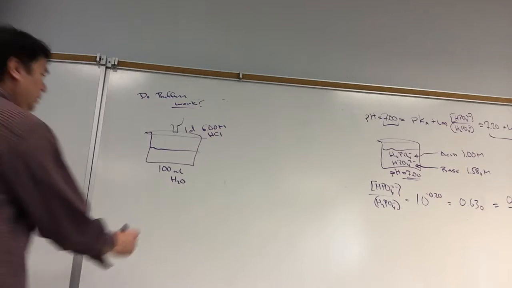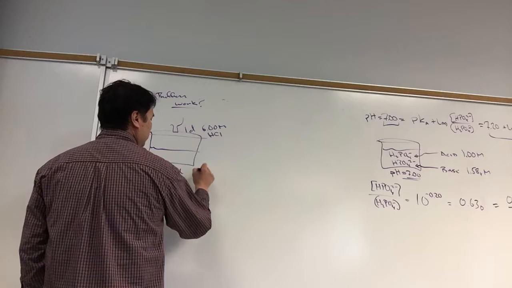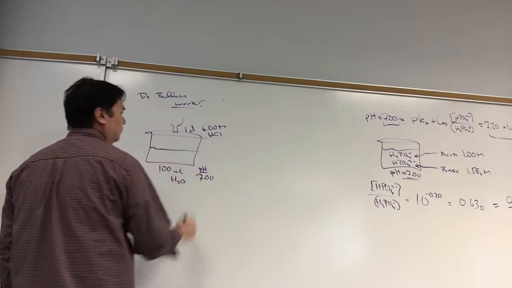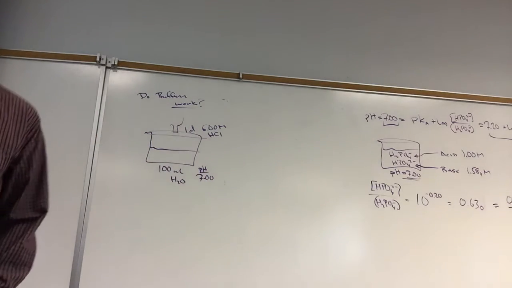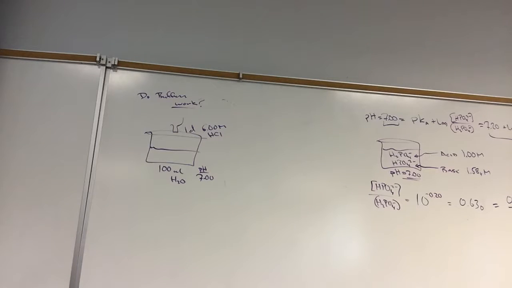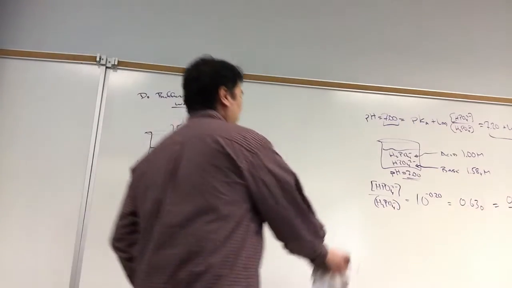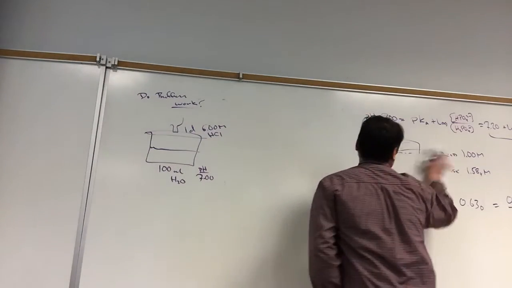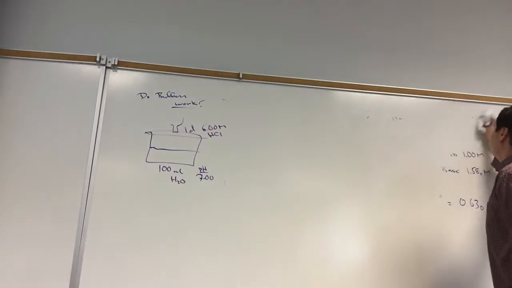Normally the water should be a pH 7.00, right? We know that 6 molar HCl is really acidic, but there's going to be a huge dilution here. In this chapter, we have to do solution dilution. You guys remember the solution dilution equation? That's the first thing we do in all of these chapter 17 problems. I call it step I rather than step 1 because it's just the initial step.